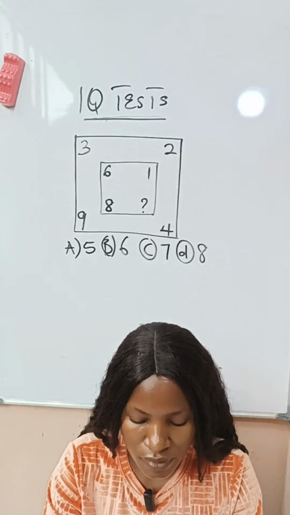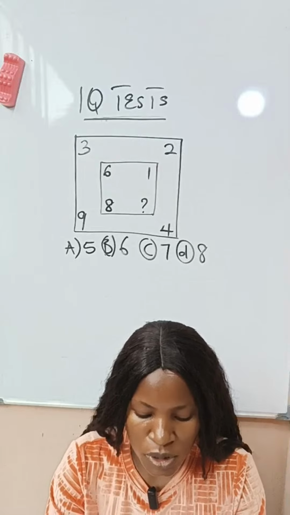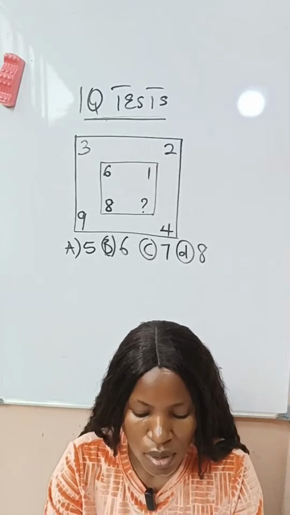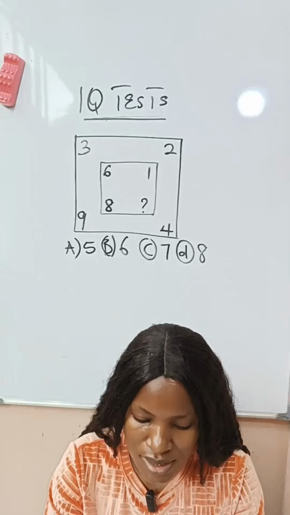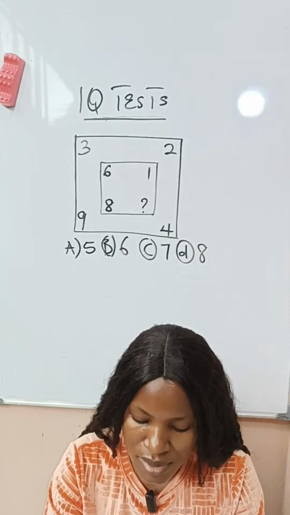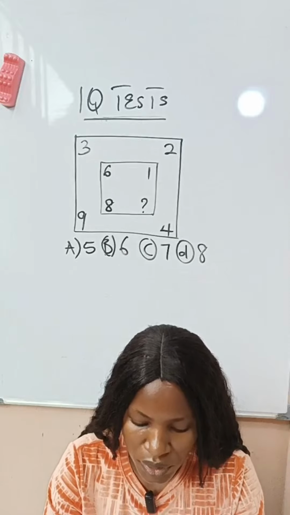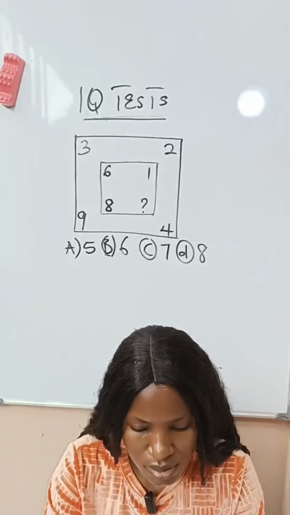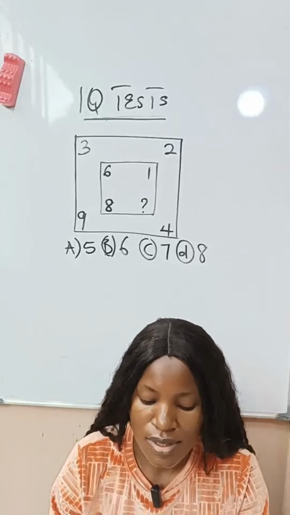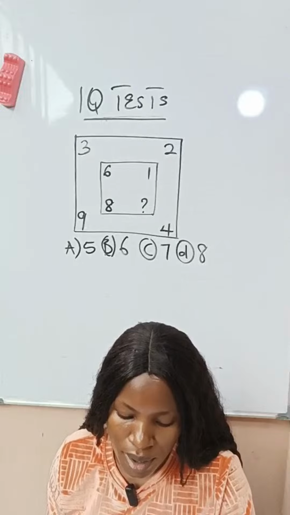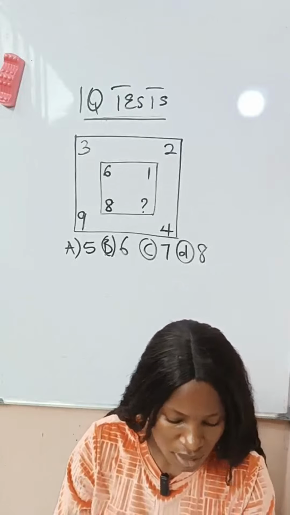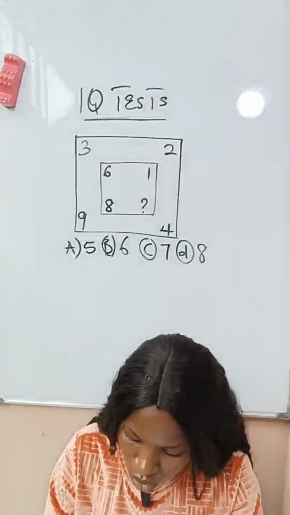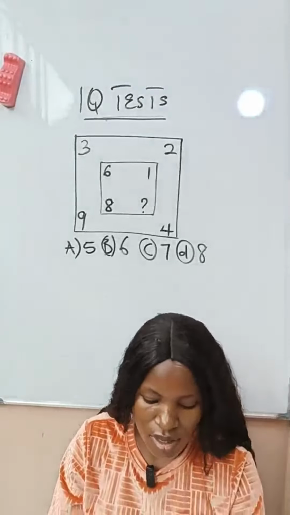The options are A, 5, B, 6, C, 7, D, 8. The question says, what is the missing number? We have 3, 2, 9, 4 in the first rectangle, 6, 1, 8, and then a question mark in the second rectangle. Okay, let's see how this goes.